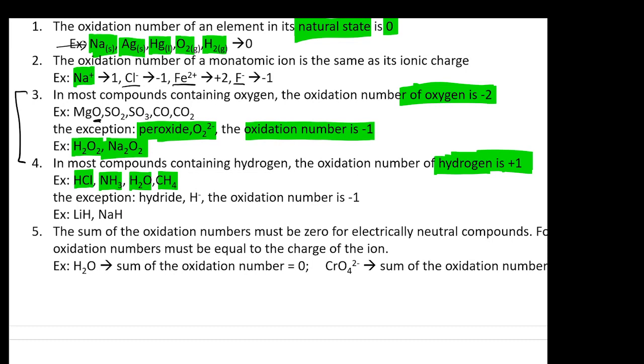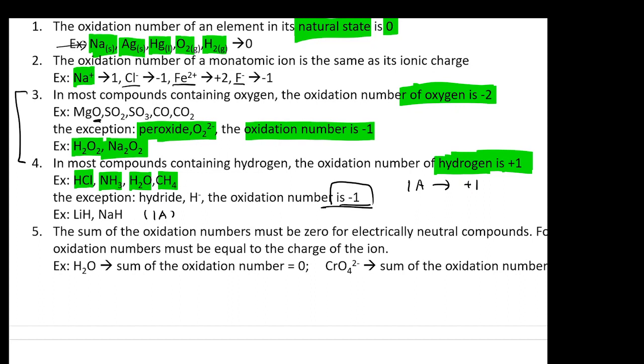The exception is when the H is forming a compound with a 1A group. Then you are going to have an oxidation number of -1. So the exception is always related to your 1A group, okay? Because a 1A group always carries +1 oxidation number when they form a compound.